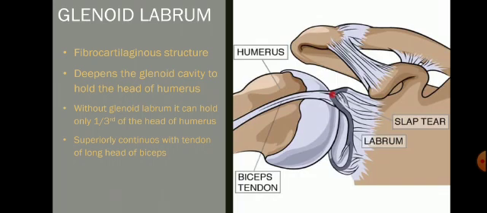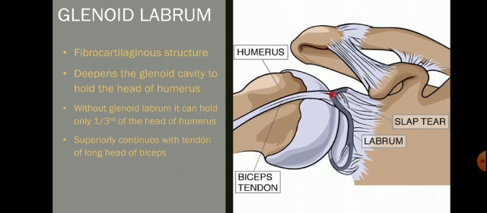Let's see. The glenoid labrum is a fibrocartilaginous structure which deepens the cavity. As it is a shallow one, it has to be deepened. So there is a structure called the glenoid labrum for the deepening purpose, and it is usually triangular in shape.